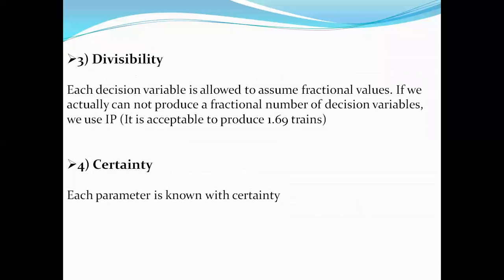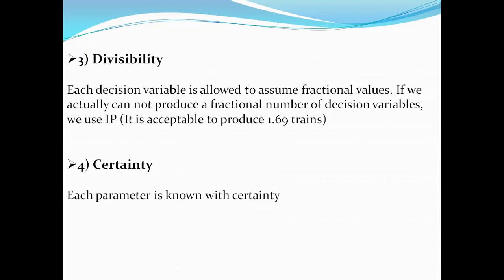And moving on to the third parameter in linear programming, that is divisibility. The decision variable is allowed to assume fractional values also. This is the third assumption in the case of linear programming.